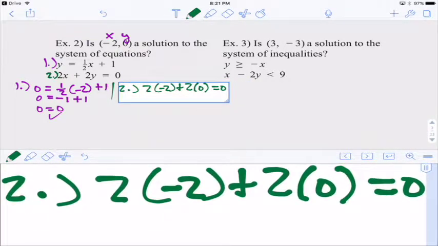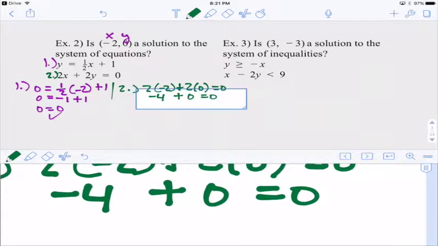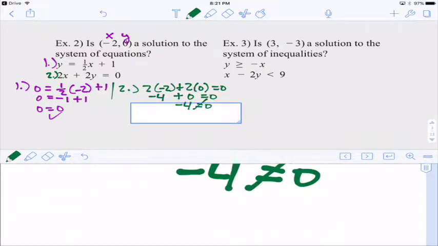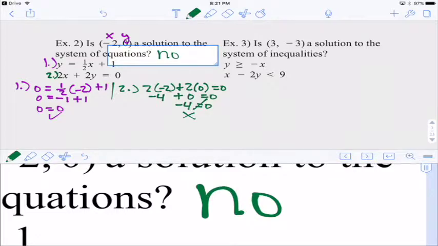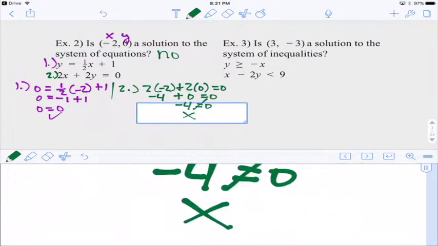Well, 2 times negative 2 is negative 4. 2 times 0 is 0, so plus 0 equals 0. And negative 4 plus 0 is negative 4 equals 0. Well, that's not true. It did not work in this one. So, no, this is not a solution. It only worked in the first one. It has to work in both.